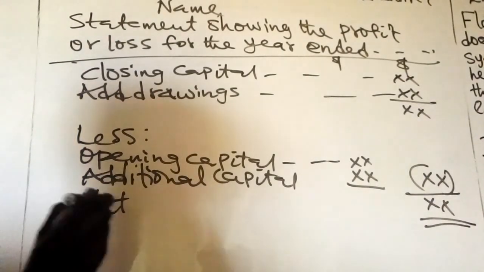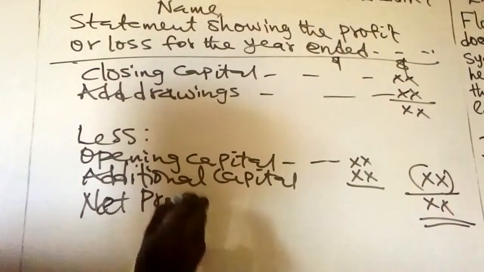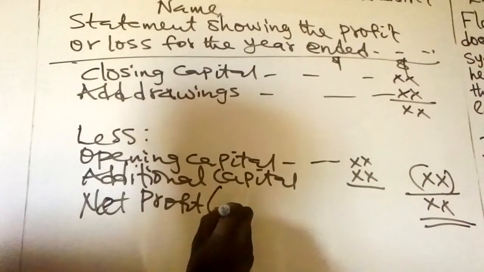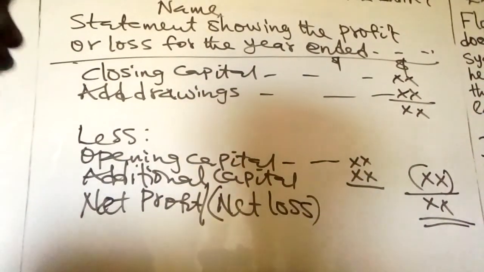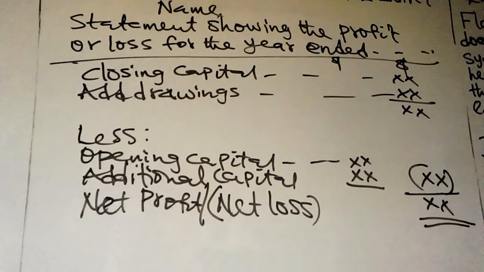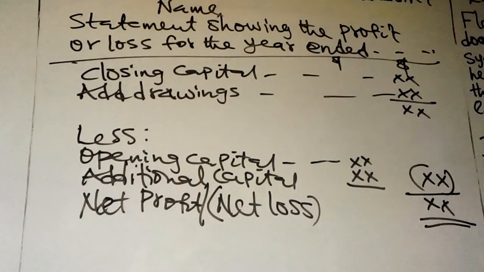Net profit, if it is positive, or net loss, if it is negative. That is the format for ascertaining the profits or loss of the proprietor under incomplete records.